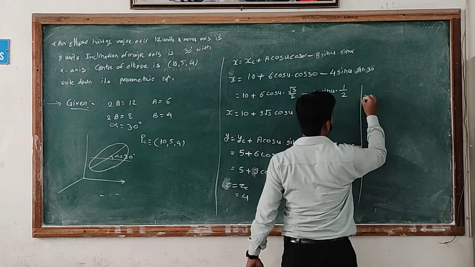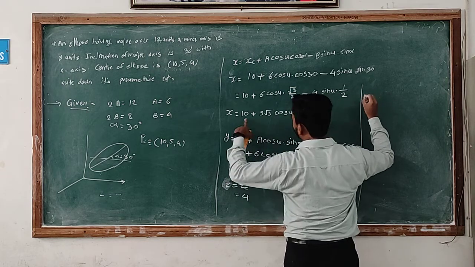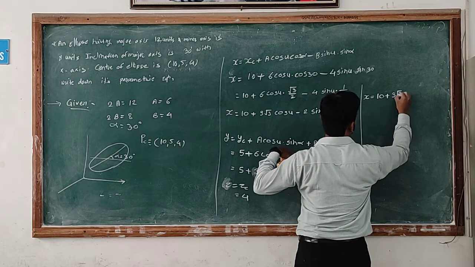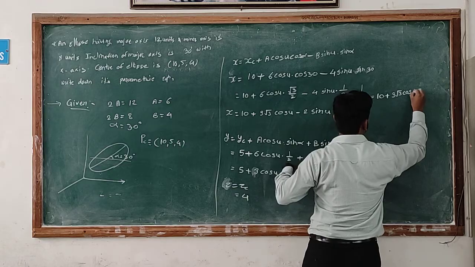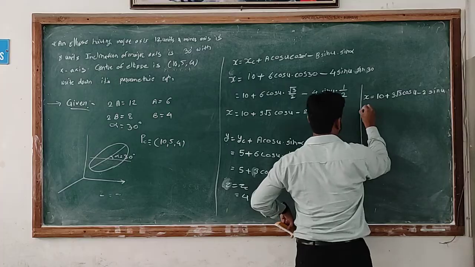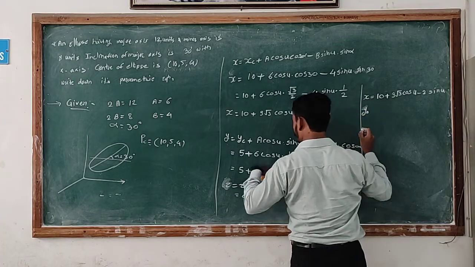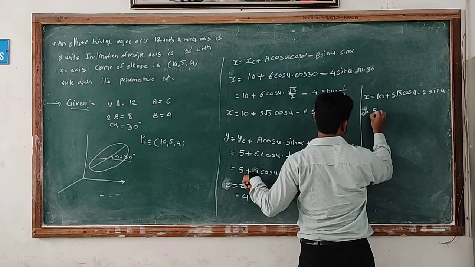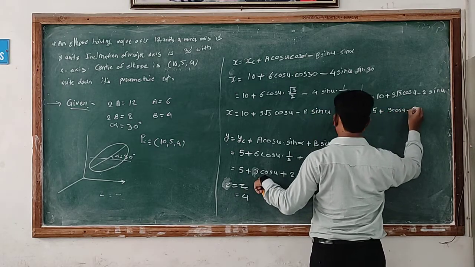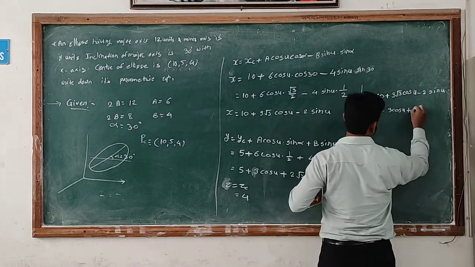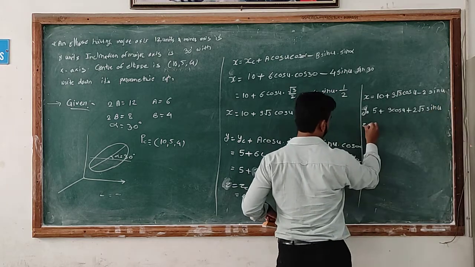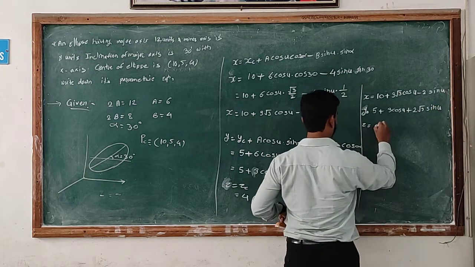Parametric equation of the ellipse, that is x is equal to 10 plus 3 root 3 cos of u minus 2 into sin of u. y is equal to 5 plus 3 into cos of u plus 2 root 3 into sin of u, and z is equal to 4.